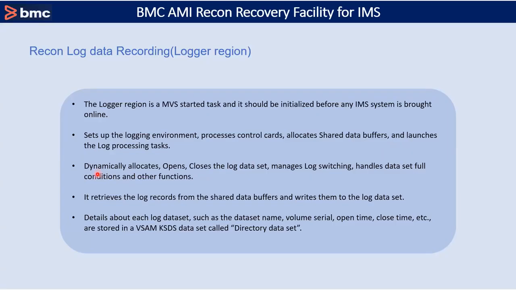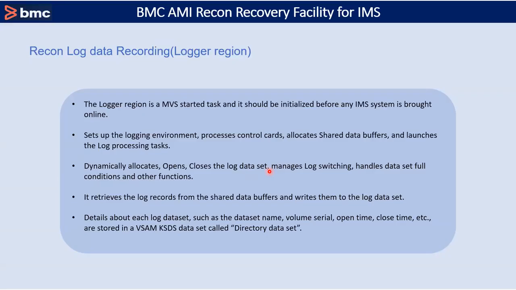The function of it is to dynamically allocate the log data sets when there are any new log records to be written. It records the open time of the log data set, and whenever it closes a log data set, either you request it to close it or the log data set went full, it will close it and record the close time of that log data set.